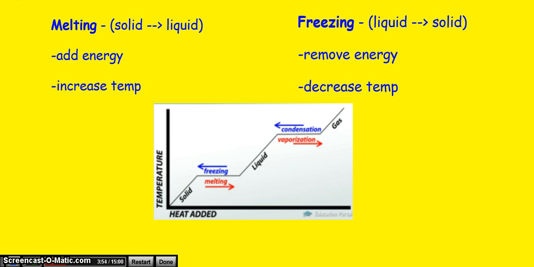So if I'm melting, I'm going from a solid to a liquid, and that is going to involve adding energy. The particles have to be sped up. If I have a liquid going to a solid, energy has to be removed, and that will slow down the particles.